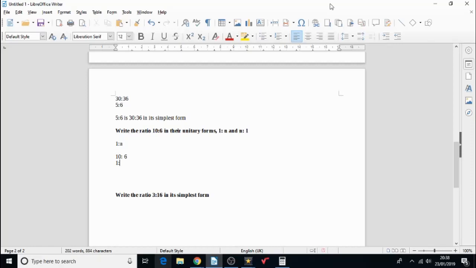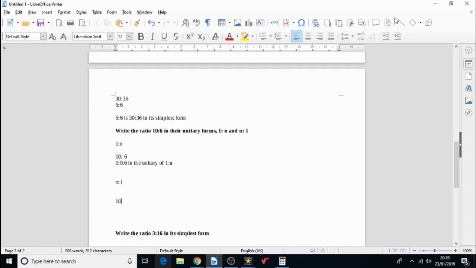So the same way you divided 10 by 10 to get 1, you'll do 6 also divided by 10 to get 0.6. And that's the ratio in the unitary form of 1 to n.